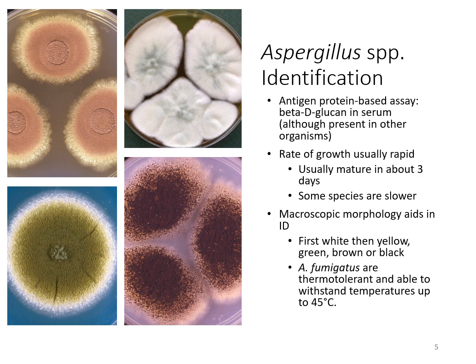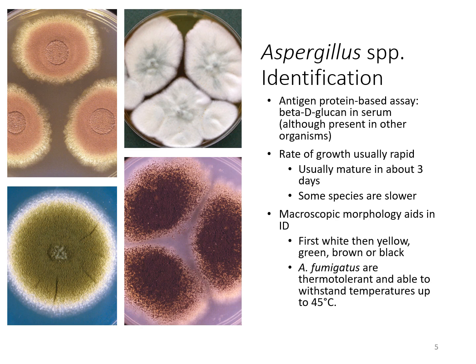An Aspergillus infection can be detected using an antigen protein-based assay where you look for beta-D-glucan in serum, although there are other organisms that can possess beta-D-glucan. It is a rapid growth organism. It usually matures in about 3 days, but there are some species of Aspergillus that are a little bit slower with their growth rate.